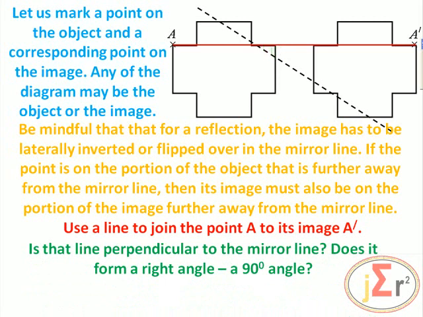Is that line perpendicular to the mirror line? Jerry said no. Does it form a right angle, a 90 degrees angle? No, it does not. It therefore means that this line that we have here is not a mirror line.